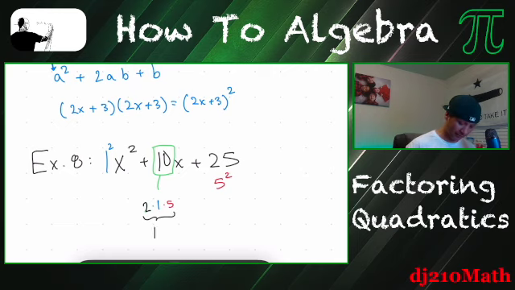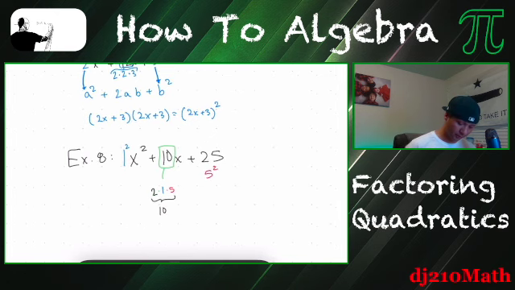Right, this is exactly 10. So this is a perfect square trinomial. So my a value, this is my a, and this is my b.